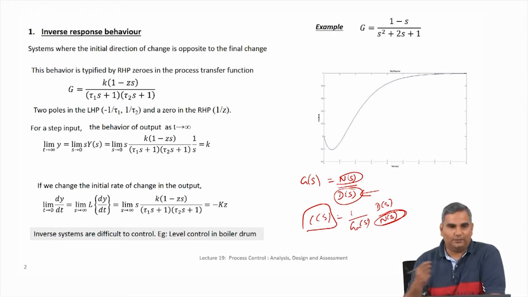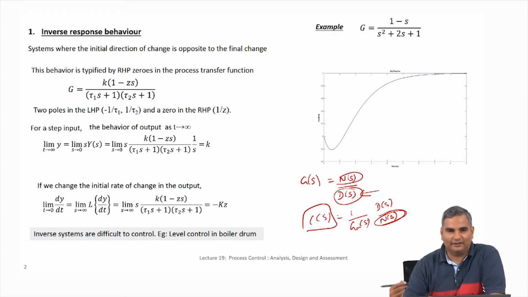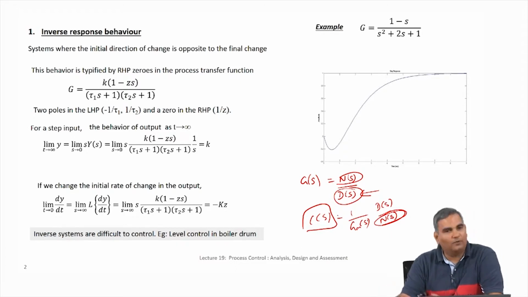So, when you explicitly do this direct synthesis, because in the direct synthesis formula you have a 1 over gm, the numerator in the model becomes now the denominator, and then you have to start worrying about what is happening in the numerator. So, that is an interesting thing that happens, and this comes out very beautifully from that simple calculation where we did the direct synthesis controller.